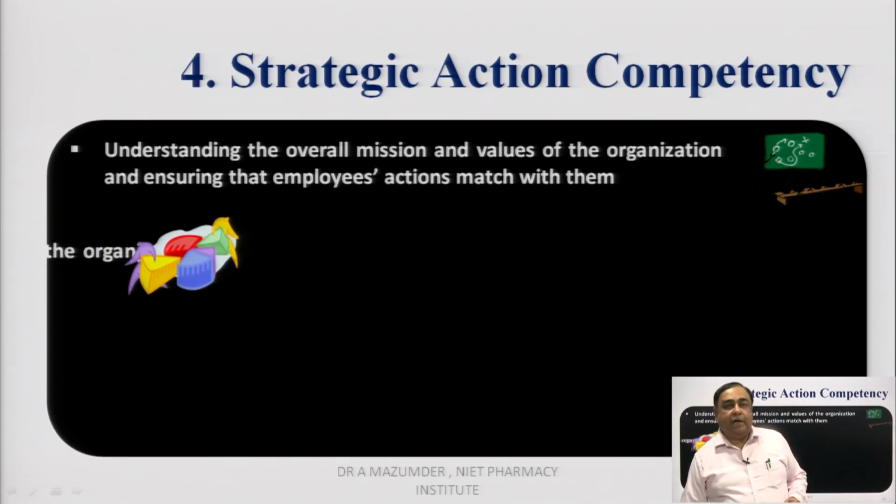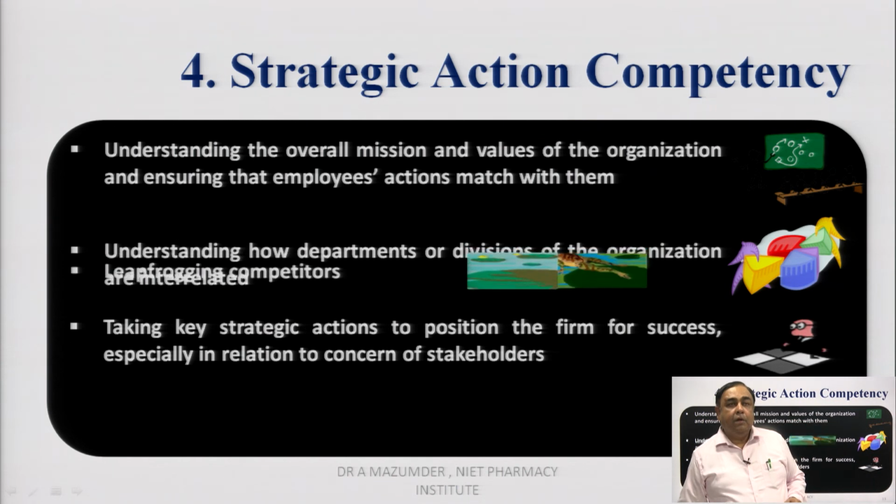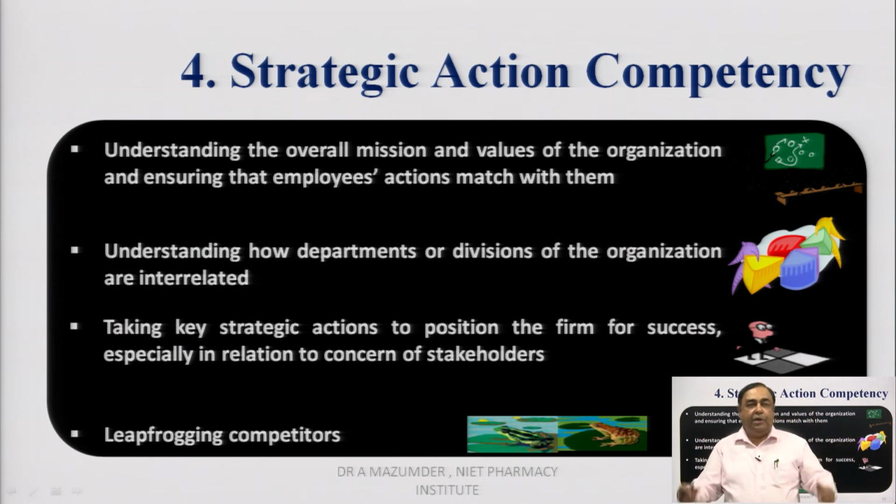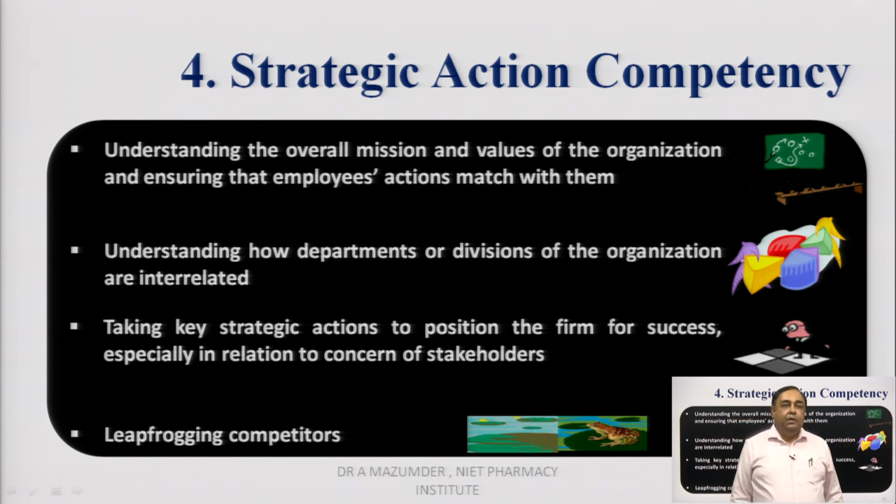Next is strategic action competency. Understanding the overall mission and values of the organization and ensuring that the employees' actions match them. Understand how departments or divisions in an organization are interrelated with each other. Take strategic action to position the firm for success, especially in relation to the stakeholders concerned.